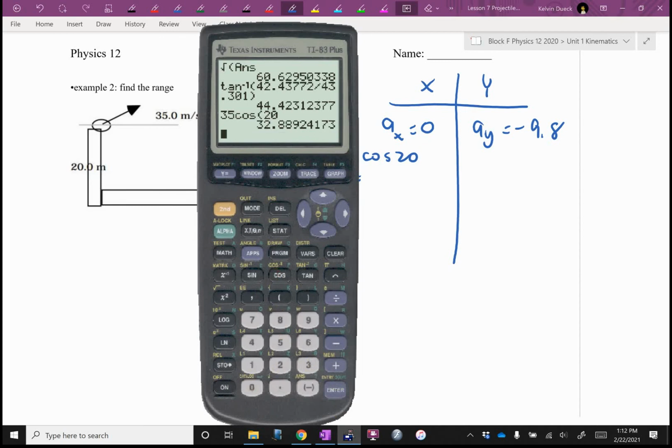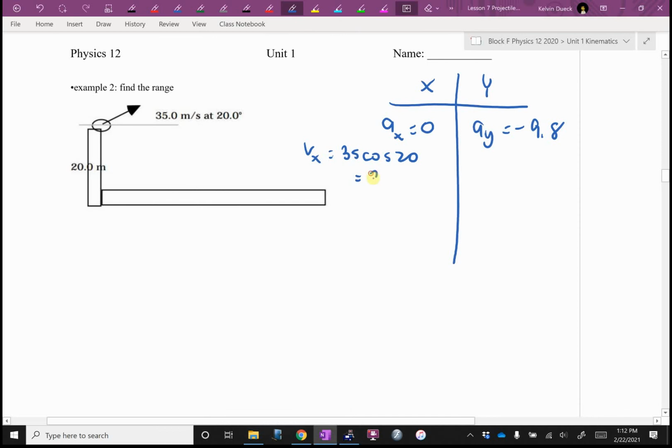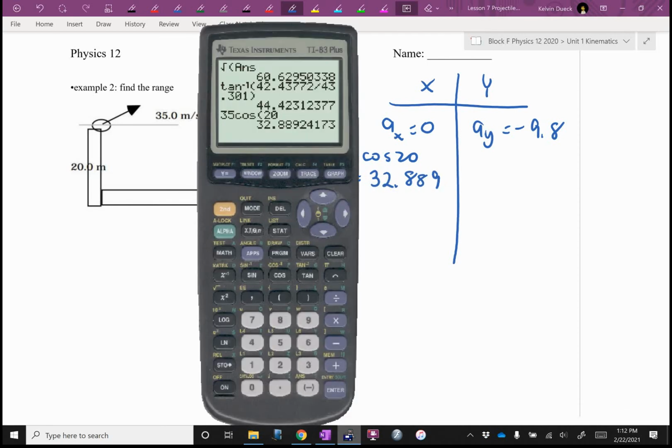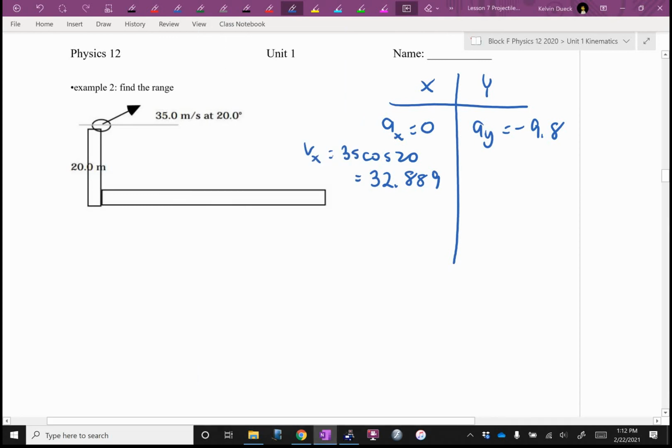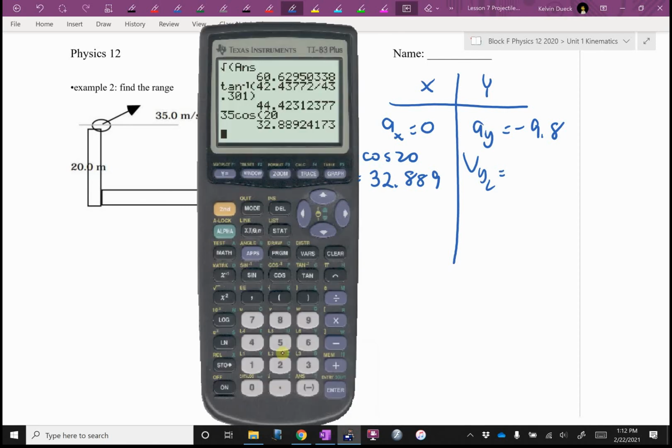Uh, 32.889? Is that right? And Vy initial is going to be which trig function, Nicole? Sine, you say. 35 sine 20. 11.971.